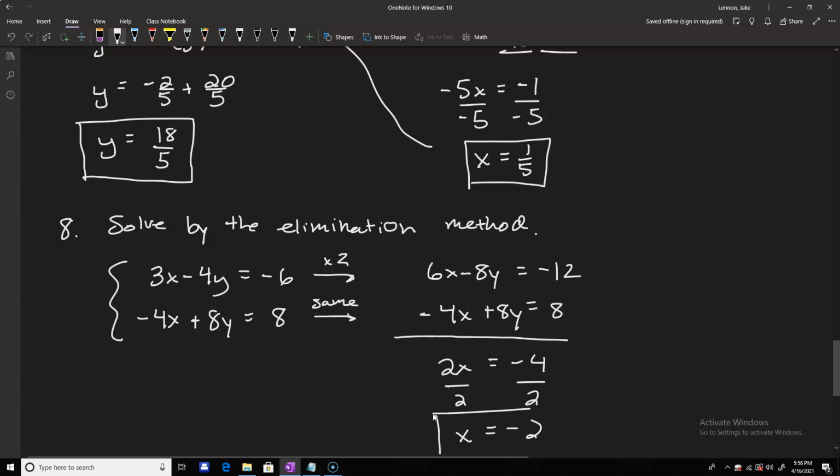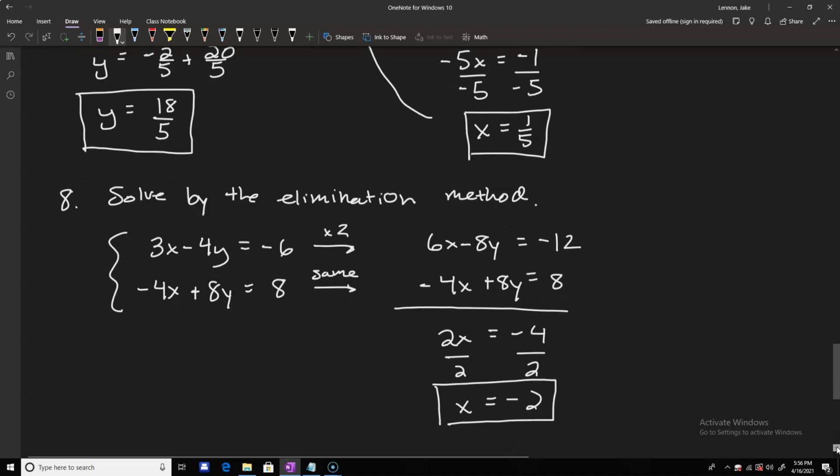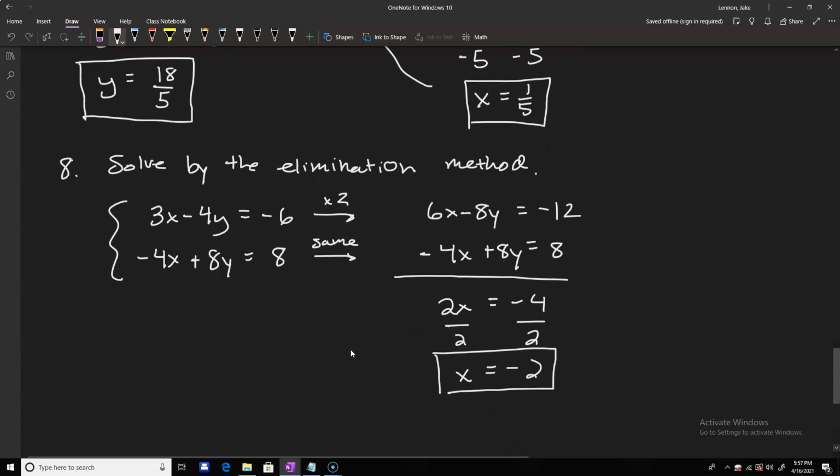Again, that's just the x coordinate of the ordered pair. We're going to need to plug into one of the original equations to solve for y. So I'm just going to use the top original equation to solve for y. I've got 3 times negative 2, replacing x with negative 2, minus 4y equals minus 6.